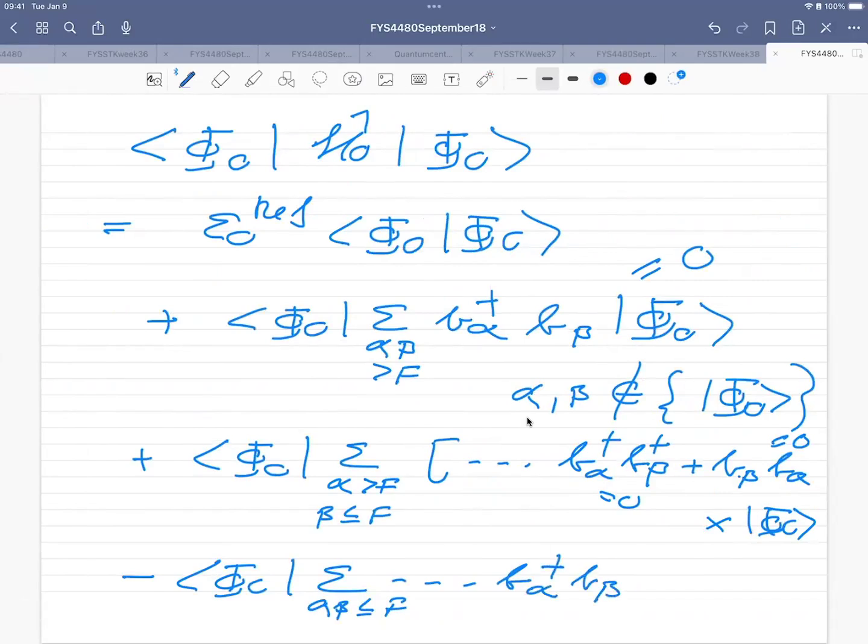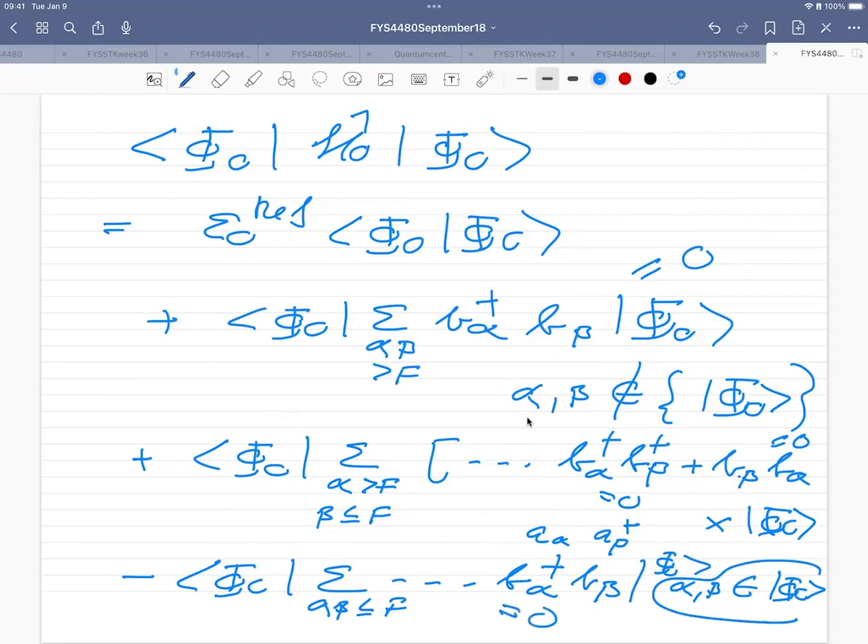Since these are states below the Fermi level, this corresponds to A alpha and A beta dagger. And alpha and beta are, in this particular case, included in phi 0. So we should actually have phi 0 here. Sorry. And this is automatically 0 as well, because we are trying to create a state which is already there.